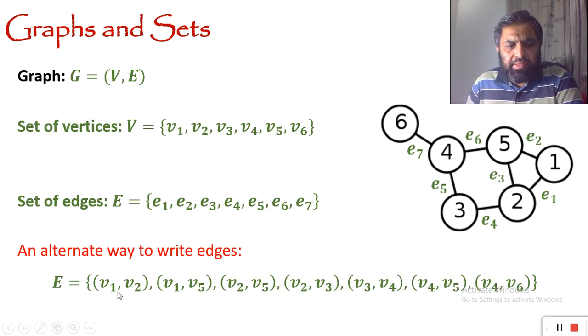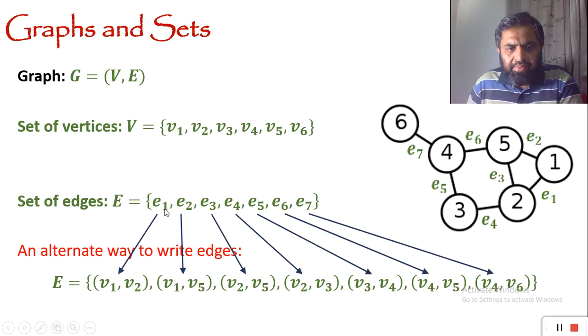So the pair v1, v2 is the first edge, so between vertex 1 and vertex 2 there is an edge. v1, v5: between vertex 1 and vertex 5 there is an edge. v2, v5: an edge between vertex 2 and vertex 5. v2, v3: an edge between vertex 2 and 3. v3, v4: an edge between 3 and 4. v4, v5: an edge between vertex 4 and vertex 5. And v4, v6: an edge between vertices 4 and 6.